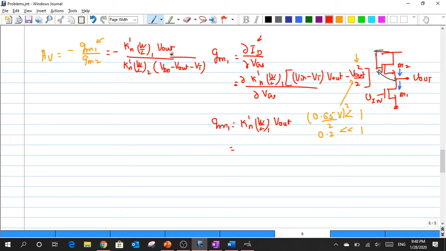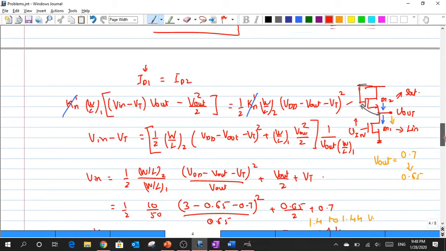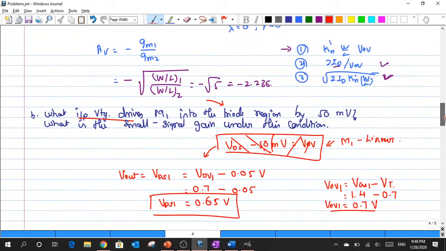Some of you might wonder why I used this. In the previous case, I said that I cannot use the form that has this VOV. I cannot use this Kn dash W by L into VOV because VOV never connects both the transistors M1 and M2. What connects M1 and M2 is basically the ID, and due to which we neglected this particular quantity.